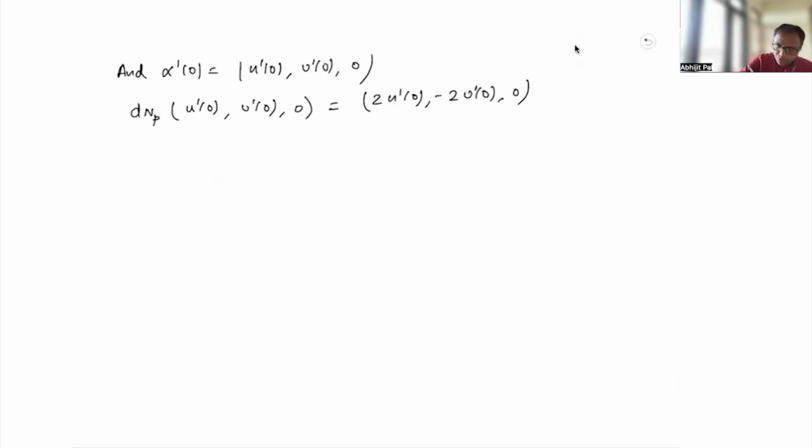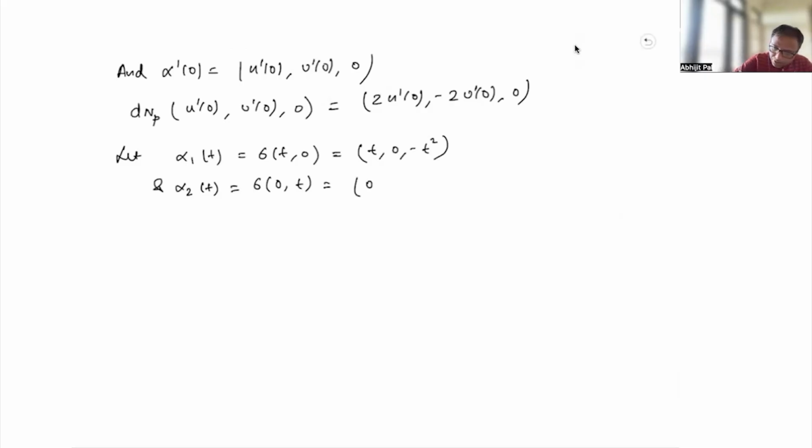Now let us take these two curves. Let us take alpha 1 of t to be equal to sigma of t comma 0, which is equal to t comma 0 comma minus t squared, and alpha 2 of t is equal to sigma of 0 comma t, which will be equal to 0 comma t comma t squared. Okay. Let me draw the picture of the hyperboloid again.